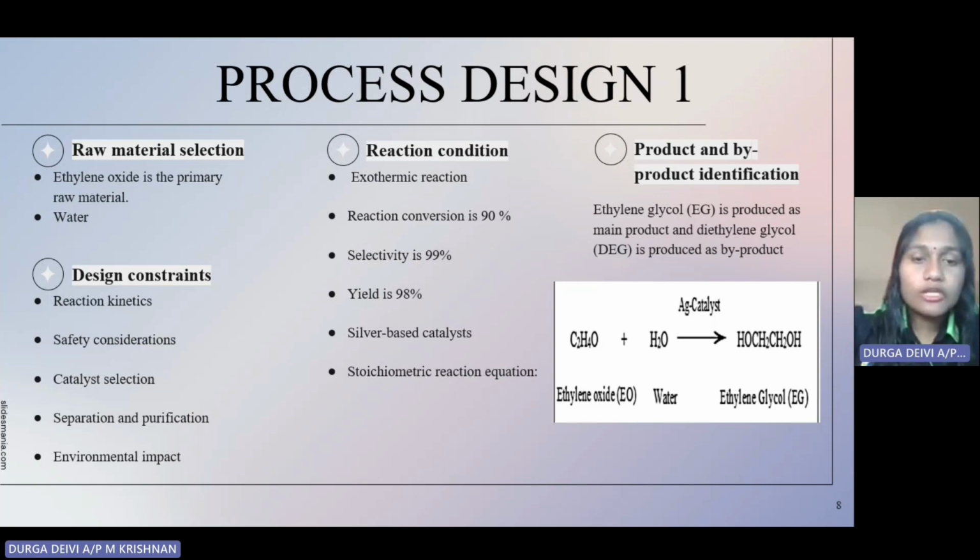These include adopting environmentally friendly practices and technologies to reduce the overall environmental footprint of the process. By addressing these design constraints, the hydrolysis process for ethylene glycol production can be optimized to achieve efficient, safe, environmentally friendly, and economically viable operations.